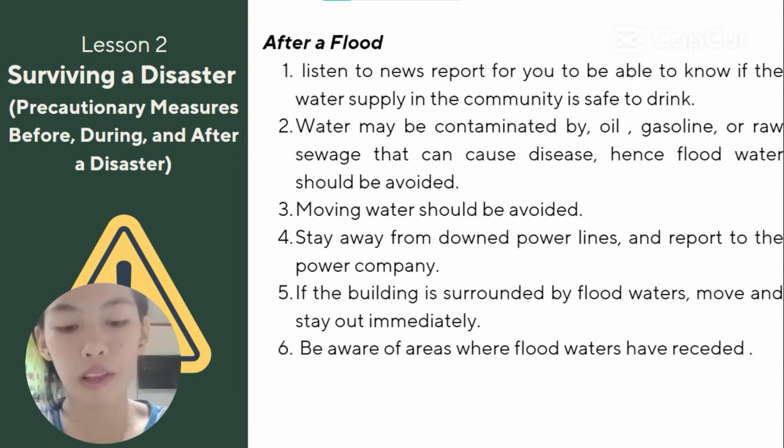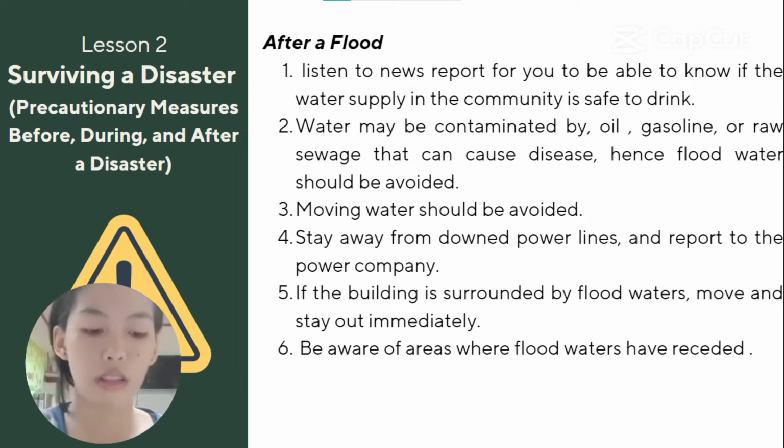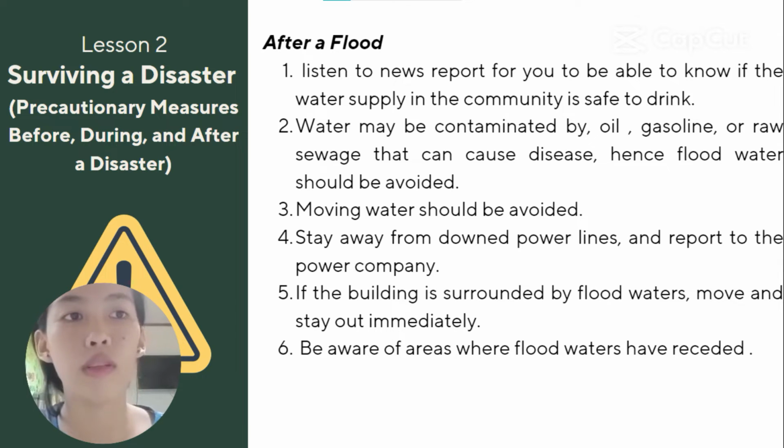Next is after a flood. So the following guidelines should be considered. So number 1, listen to the news report for you to be able to know if the water supply in the community is safe to drink. 2, water may be contaminated by oil, gasoline, or raw sewage that can cause disease.